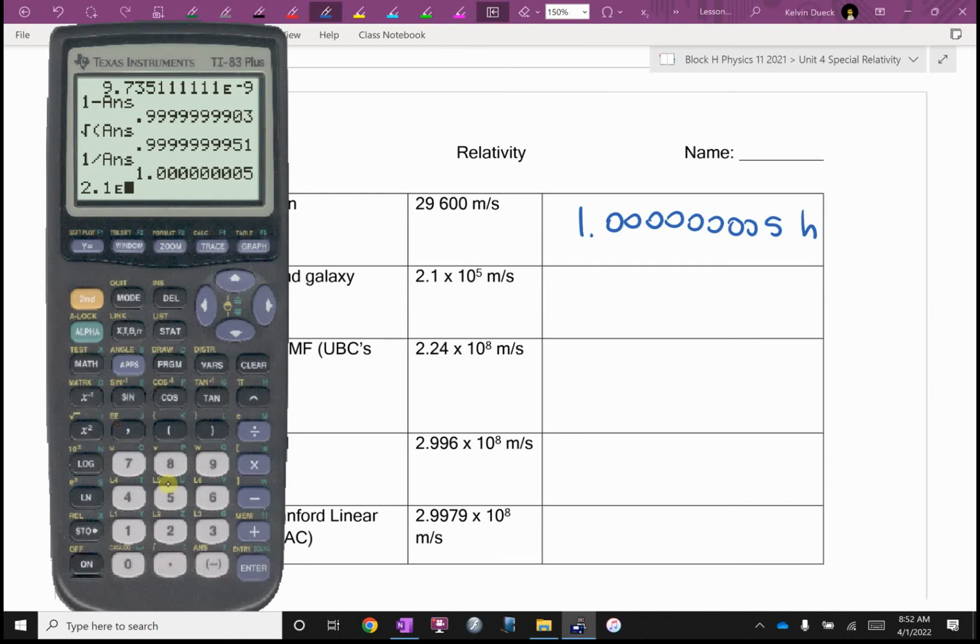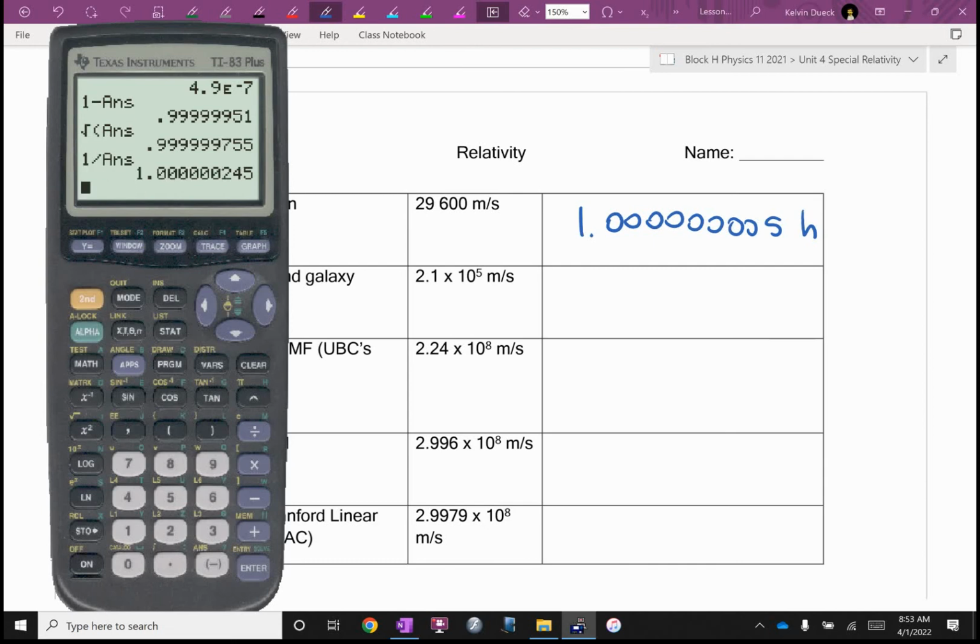2.1 scientific notation button 5 divided by 3 scientific notation button 8 equals, squared, equals, 1 minus answer button equals, square root answer button equals, and then 1 divided by that.